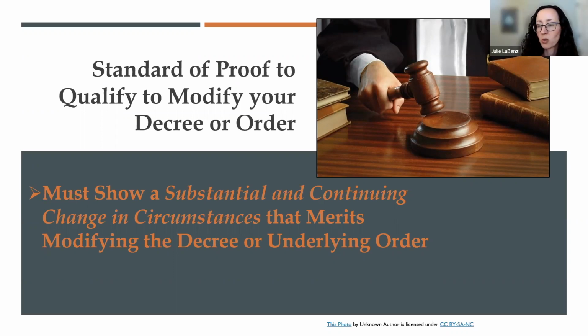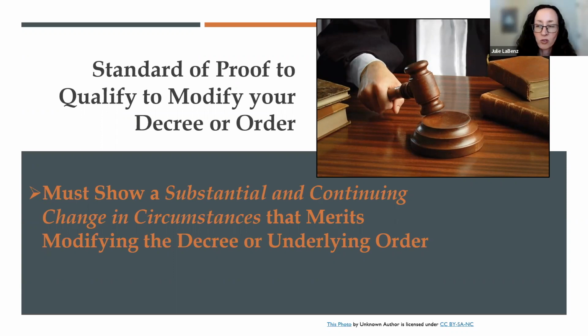For child support, the court is looking at what is the end result. So if you want to modify child support, the court's going to be looking at, do you have a 15% change in the current amount versus what you want to change it to? So the court is going to be looking at not just, oh, you got a new job and that's substantial and continuing because your pay increased and that's going to be your new pay rate going forward.